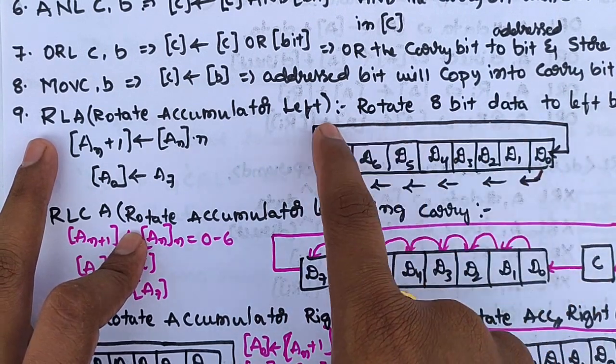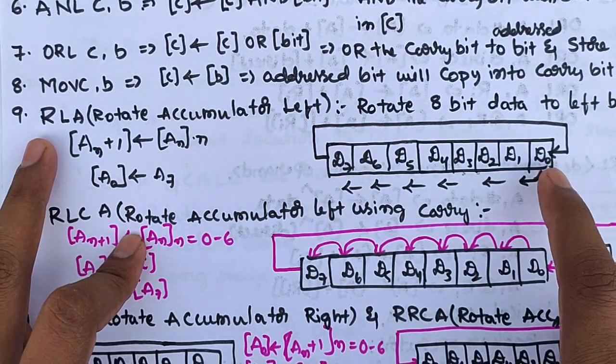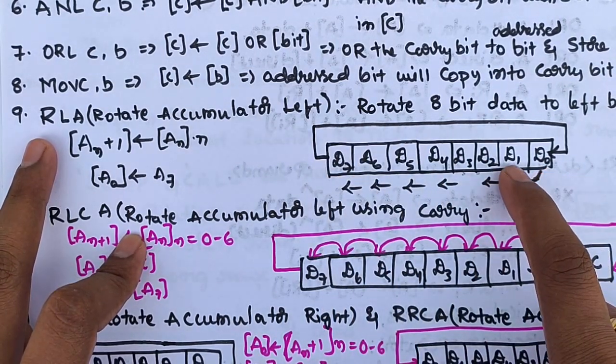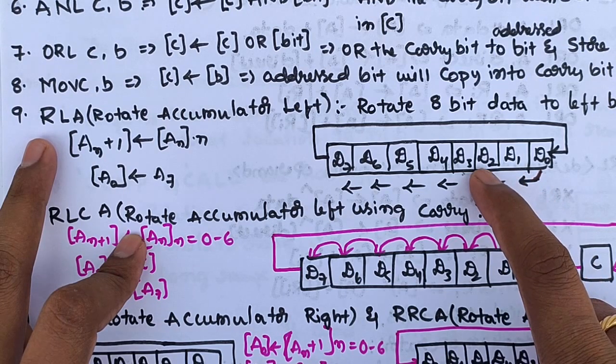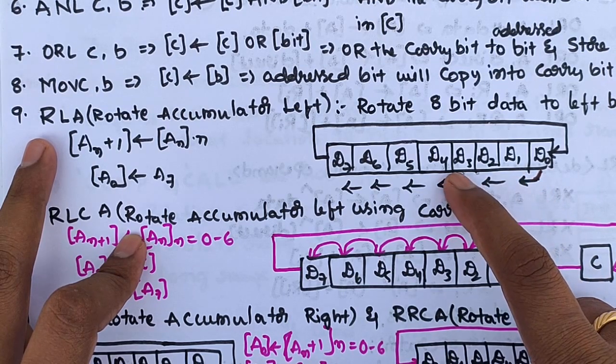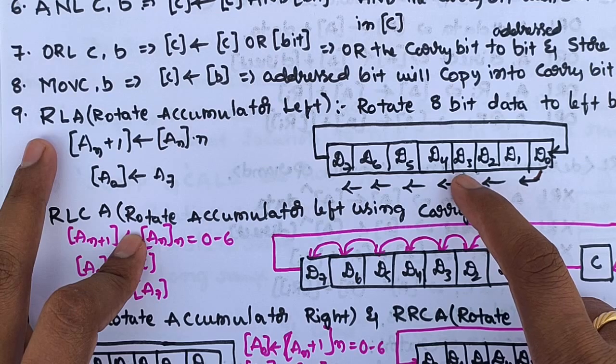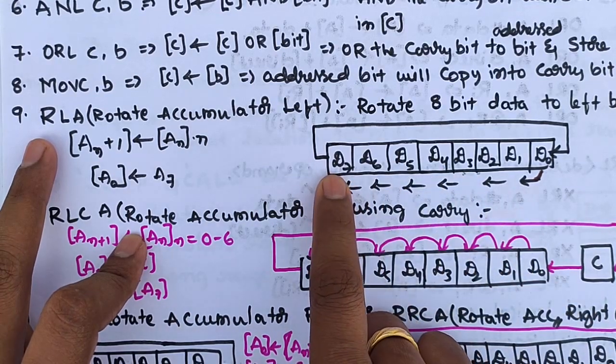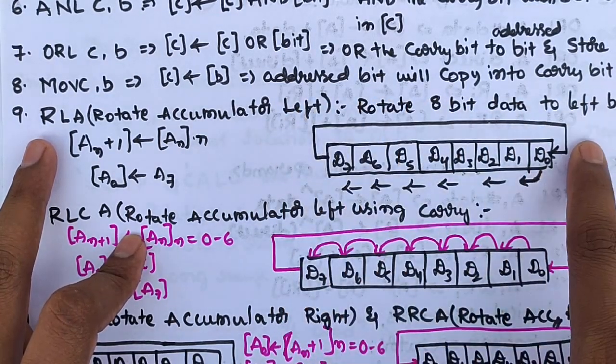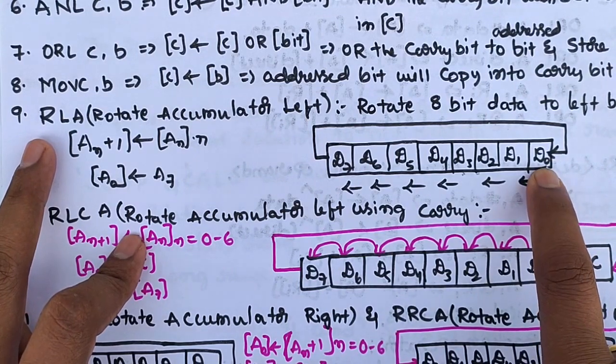That means the 8-bit pattern of the accumulator content: D0 will shift to D1, D1 will shift to D2, D2 to D3, D3 to D4, and at the last, D7 will go back in a round robin structure to D0.